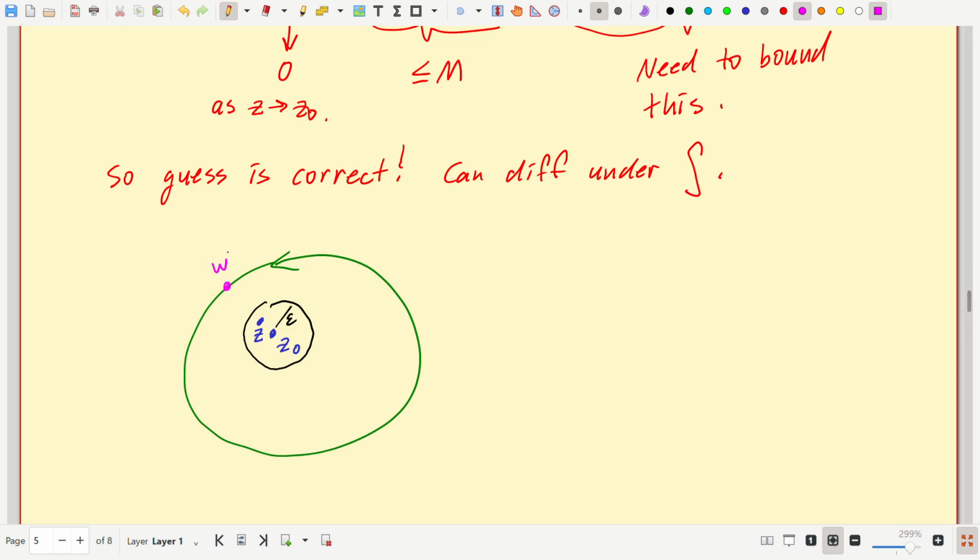Once I draw that picture, I realize the z and the z naught are staying well away from the w. So if I make that epsilon small enough, what's this distance here? My w is going around.